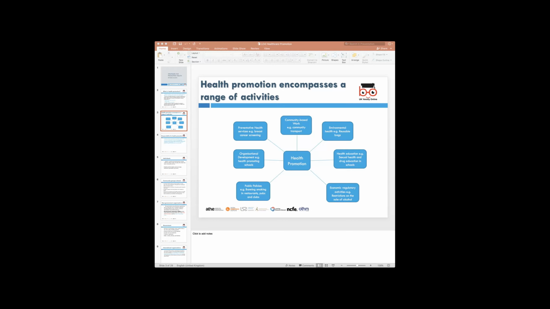Then we looked at the key bodies which help run the National Health Service. Over the years NHS has undergone a lot of change, and certain subsidiary institutions have come up under the framework of the National Health Service.